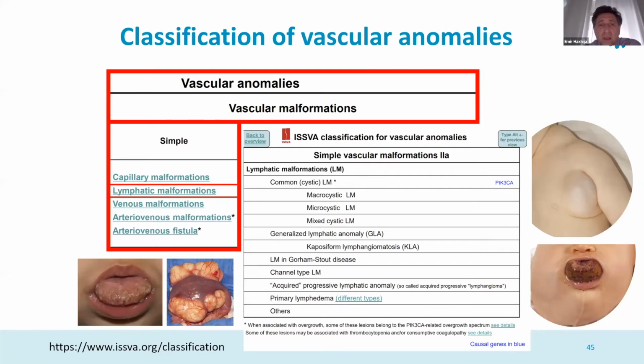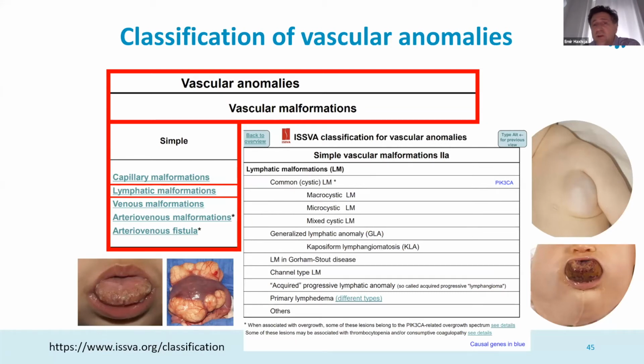Another group in the lymphatic malformations is the generalized lymphatic anomaly. The next one would be the Kaposiform lymphangiomatosis, or the lymphatic malformation in Gorham-Stout disease, where the bone is progressively replaced by lymphatic tissue, or the channel type lymphatic malformation, which is the central conducting anomaly.